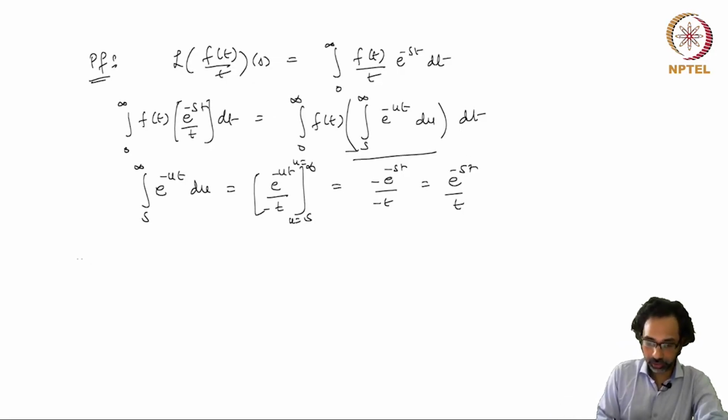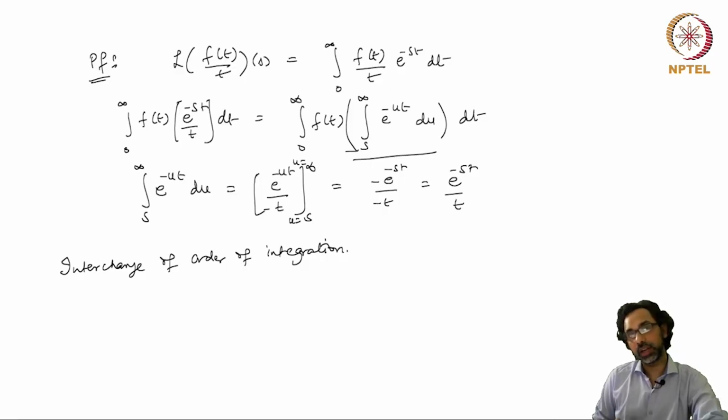Now we assume that we can interchange the order of integration. Again there are sufficient conditions when you can do this, and there are cases where you cannot make an interchange for two repeated integrals.